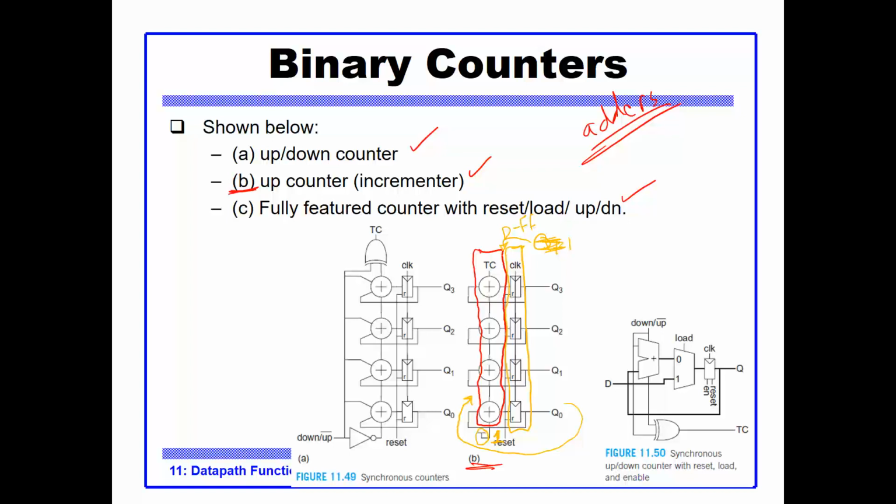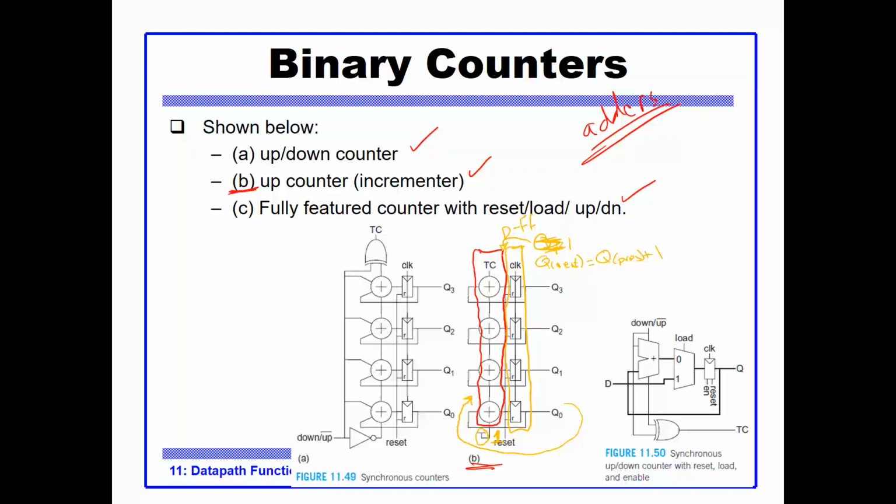So basically, Q next equals Q present plus 1. That's how we do it. Okay, so this is an up counter.